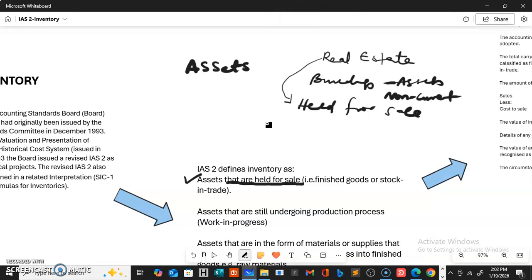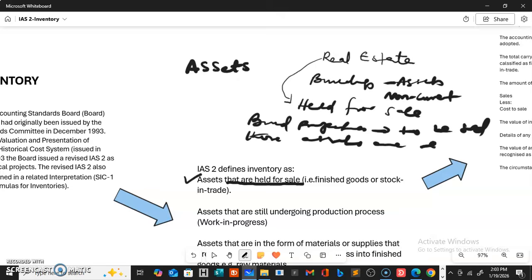That is, those real estate companies build properties and further sell them, okay? In this case, those assets are regarded as stock. So there is stock in trade for such businesses. These assets are held for sale, okay?